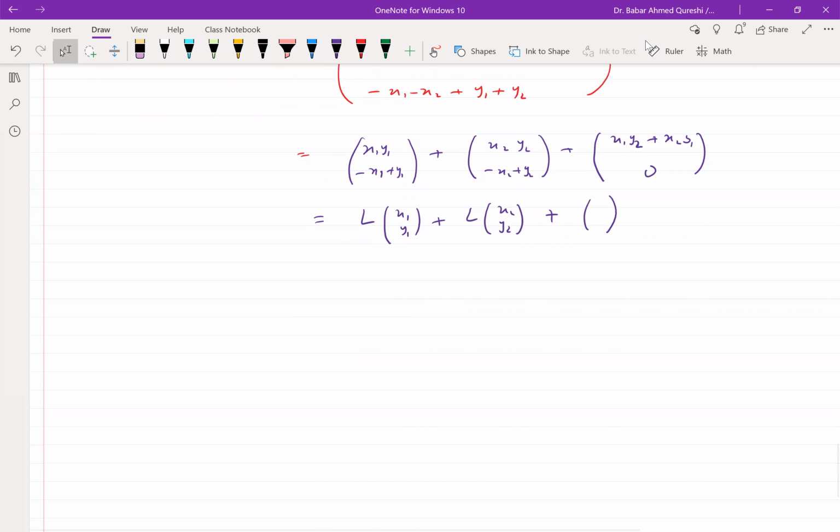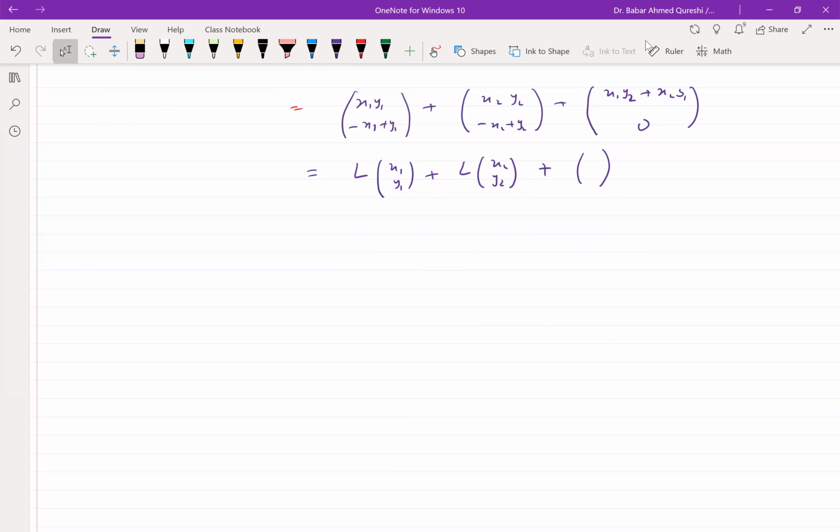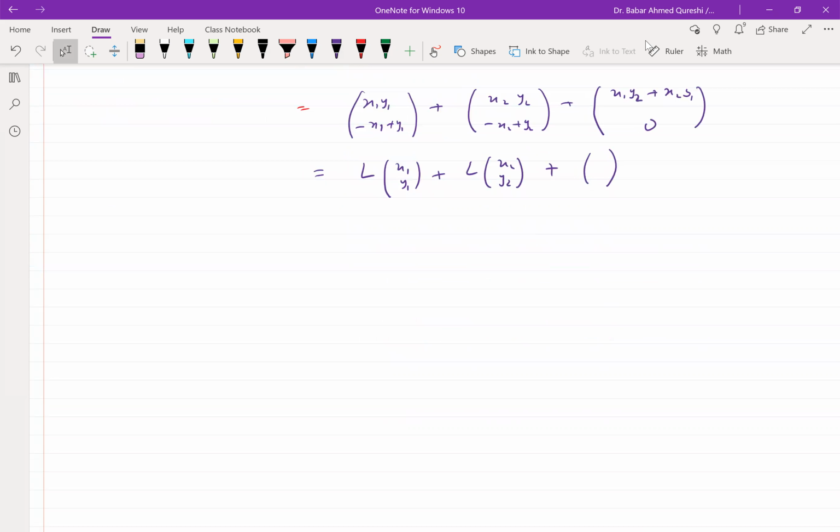Now we have said there are some very obvious extra properties of linear transformations. One is almost obvious, since we said that this splits, this splits, this implies actually that it splits on more than two as well.